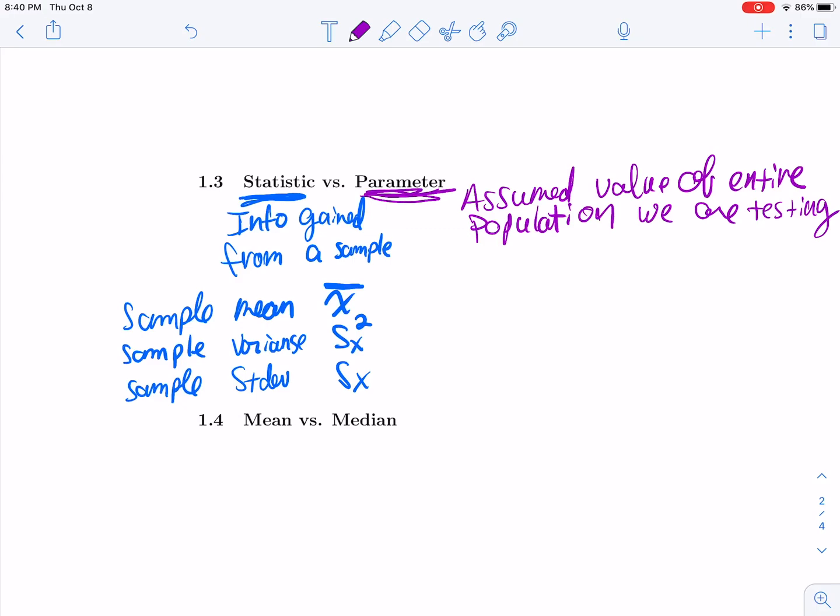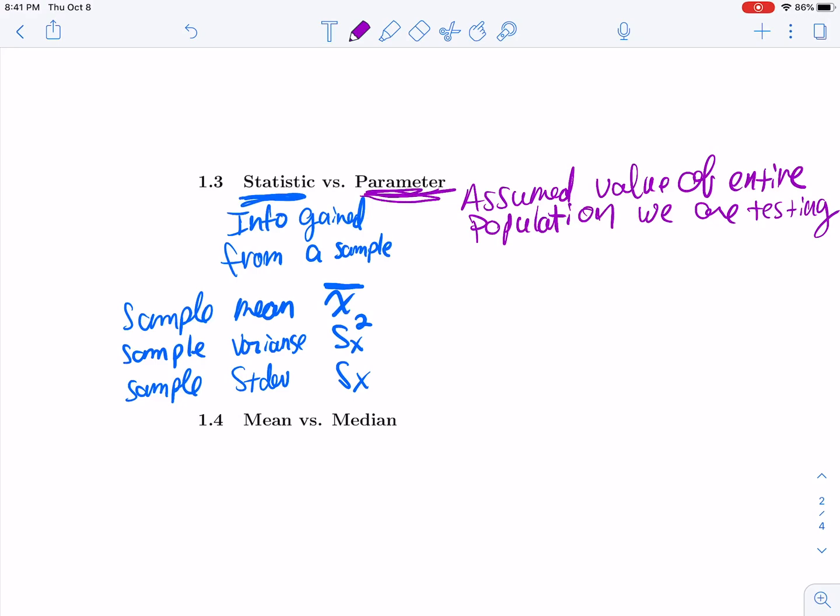So for instance, today we were trying to learn about the average height of the Chaminade student by examining the sample of your heights, right? We don't always know the population parameters, but we often have estimates of them or things we want to check about them.